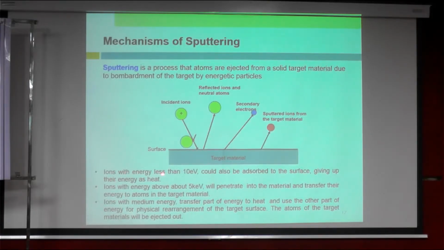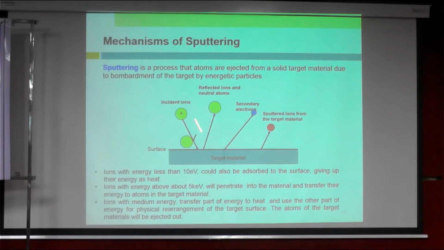Ions with energy less than 10 electron volts could also be absorbed to the surface, giving up the energy as heat. So it will heat up this material basically. Ions with energy above 5 kilo electron volts will penetrate into the material and transfer the energy to atoms in the target material.